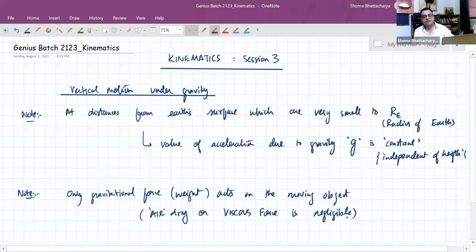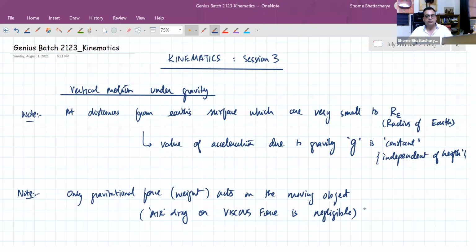There will always be some air drag, but it is negligible compared to the weight. This is true for an object like a metallic object or a stone. When we throw it in the air, the drag is quite negligible, unless we give it spin, and then of course there is the Magnus effect and all that. Those are more complicated things. We'll talk about that later.